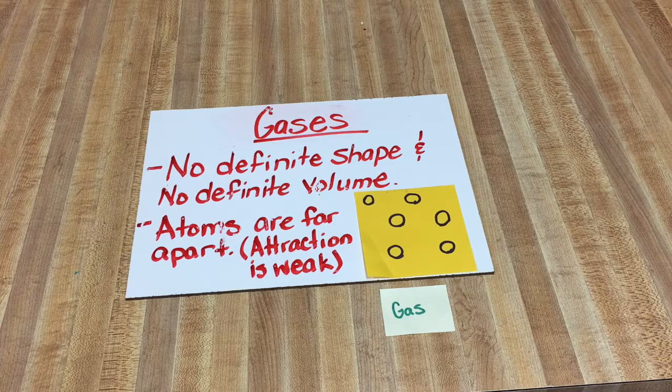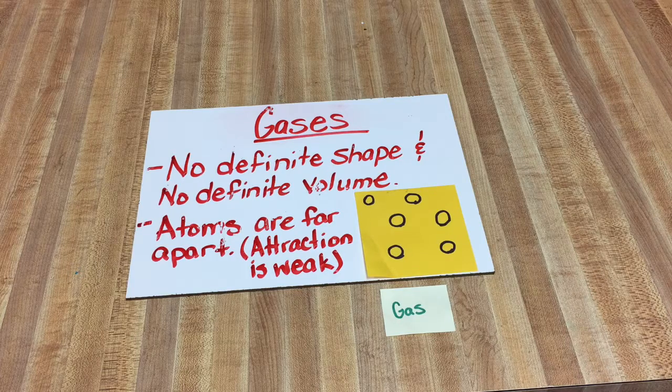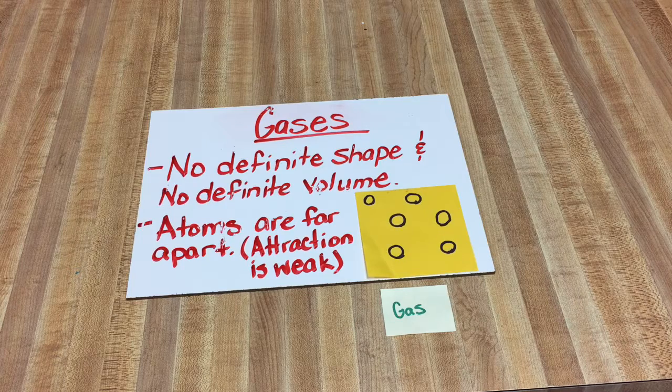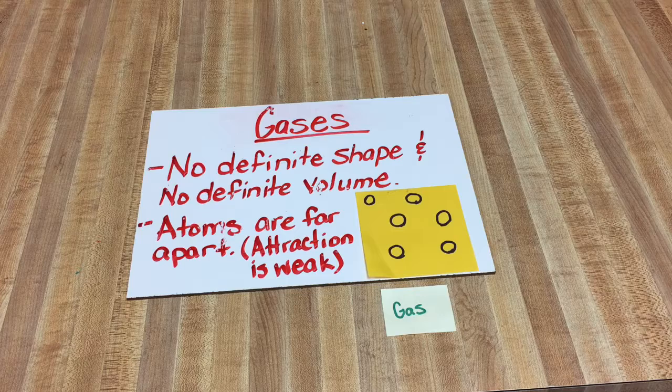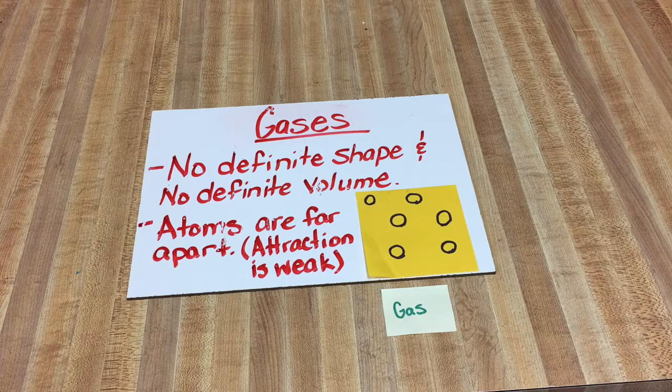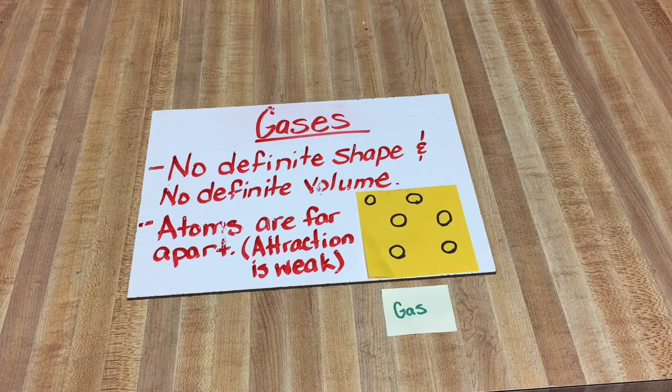So if I ask you to differentiate between the particles of a solid, liquid, and a gas, what would you say? If you guys said that solid particles are very tightly packed and close together, you're correct.